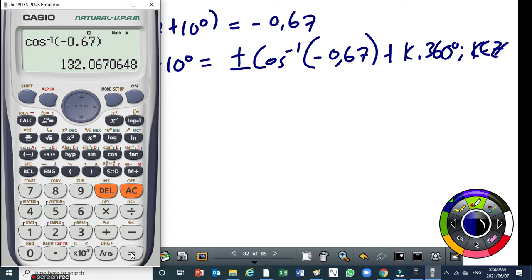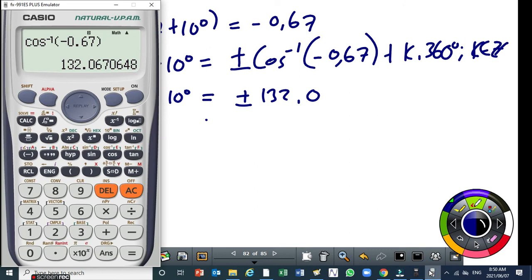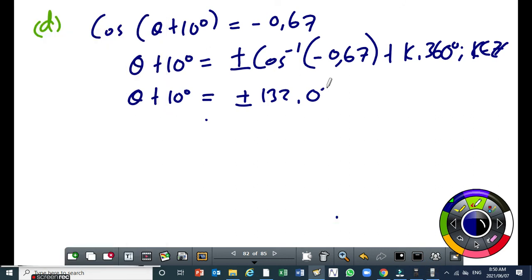Because cos is negative in the second and what? And the third quadrant. So it's 132. So theta plus 10 degrees is equal to plus or minus 132.07 degrees plus k times 360 degrees, where k is an integer.